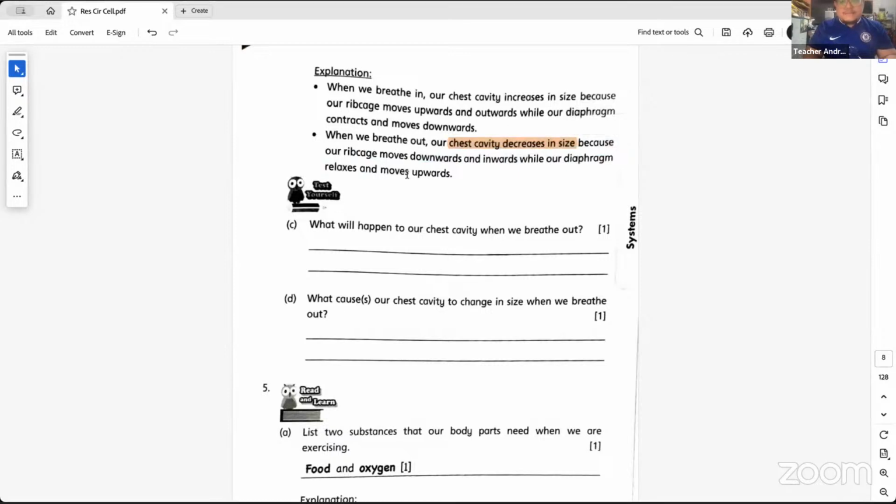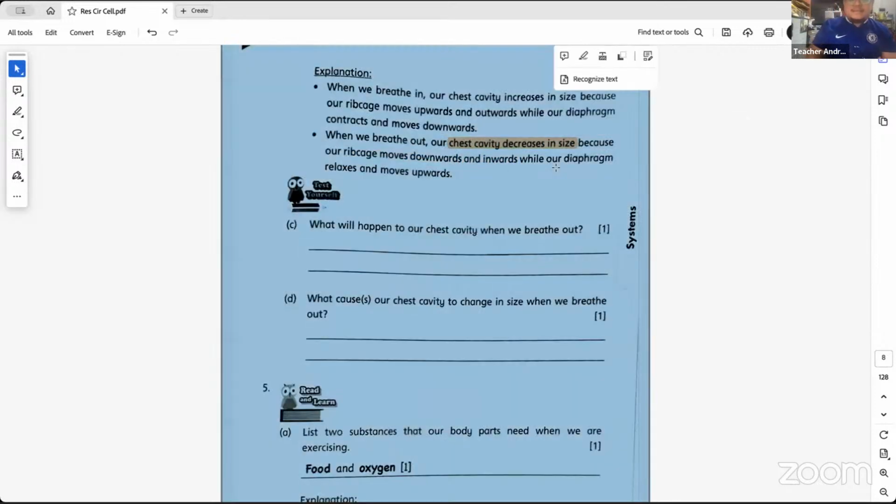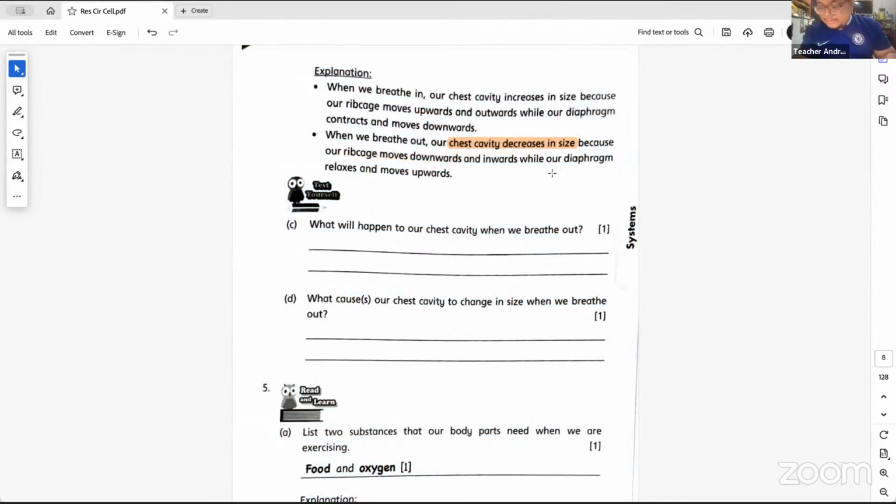There we have rib cage moves downwards and inwards, and diaphragm relaxes. But for this case, they're only asking about the chest cavity. So the answer is only here: our chest cavity decreases in size. That's about it. All right.